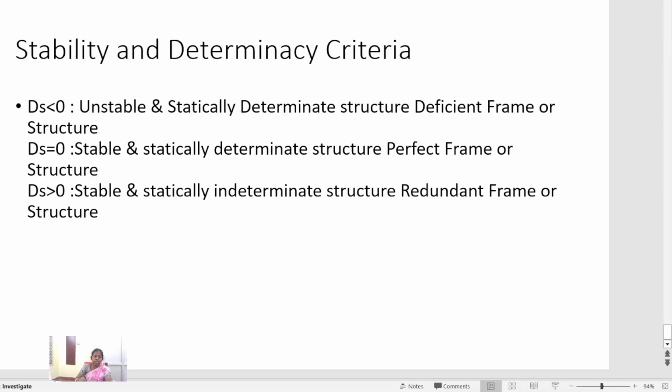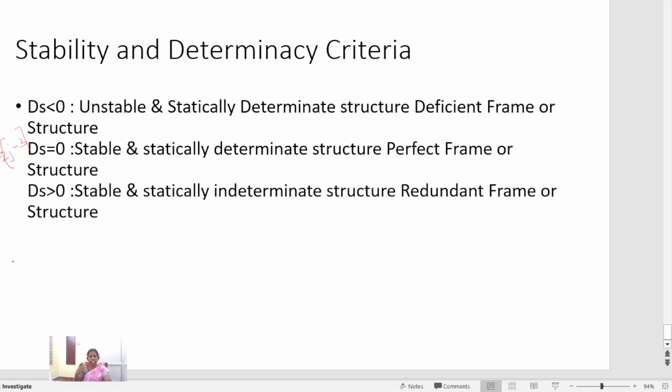Here Ds means m minus (2j minus 3). So Ds less than 0, equal to 0, greater than 0, we are able to differentiate unstable, stable and indeterminate structures for a pin jointed plane frame or pin jointed space frame.